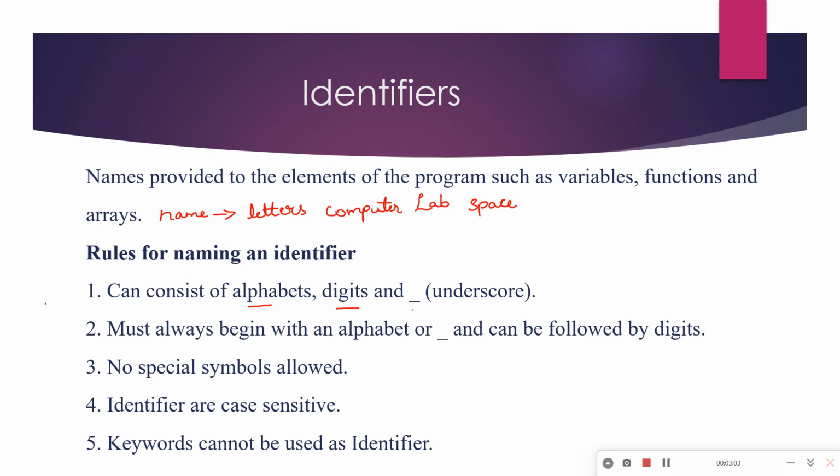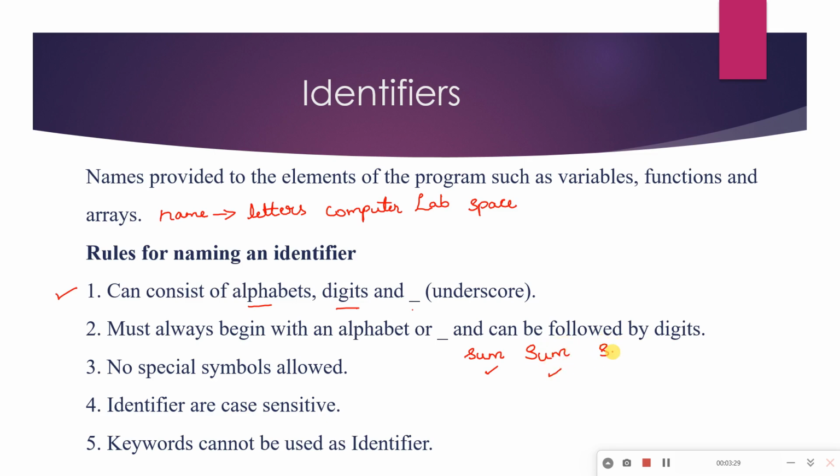The first rule is over now. The second rule: it must always begin with an alphabet or underscore, and later it can be followed by digits. For example, if I write sum, yes, this is valid. If I write capital letter Sum, yes, this is also valid.